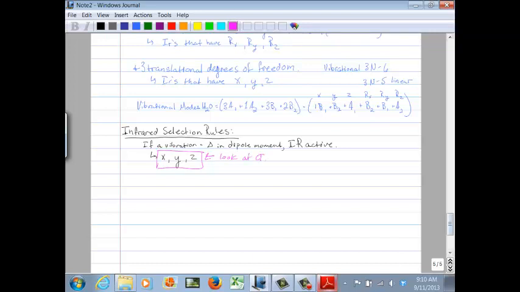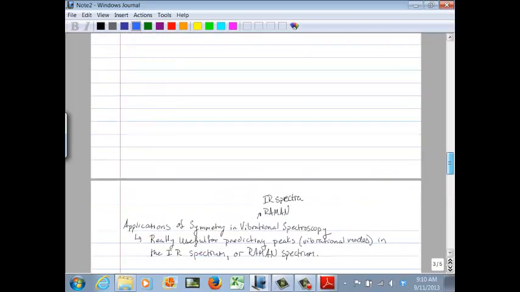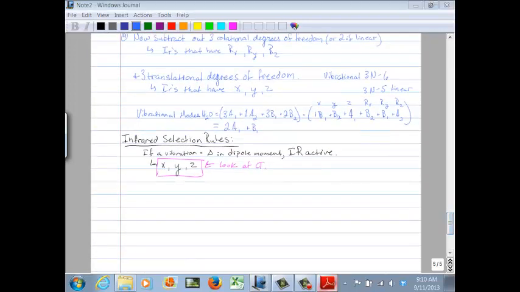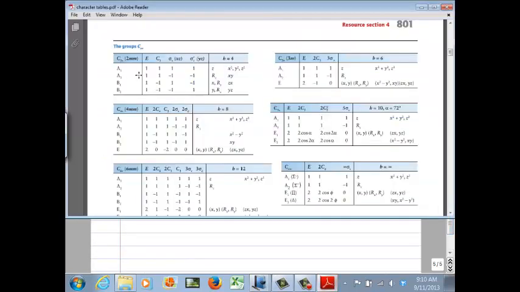So I'm going to go back to my character table. I never wrote the end of my math here. The total vibrational modes here are two A1s and a B1. So we can go to the character table and see if A1 or B1 are IR active. So A1, is it IR active?